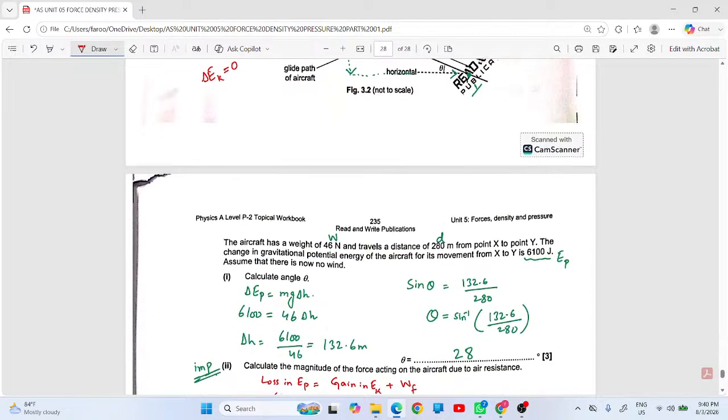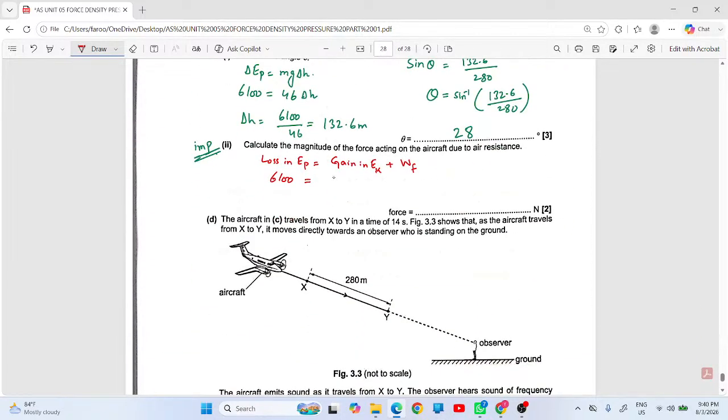Zero लगा देते हैं, and work done is F into D. So 6100, F is the frictional force, into D. D is 280.